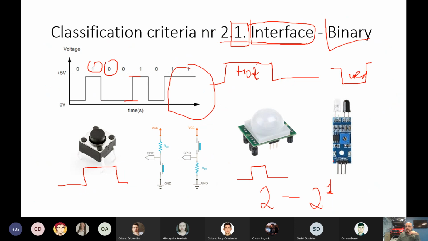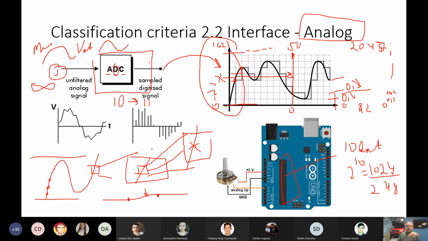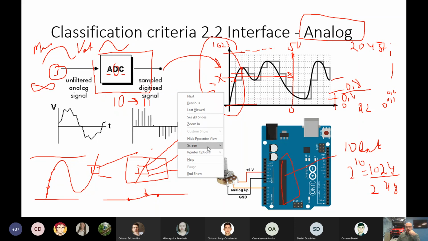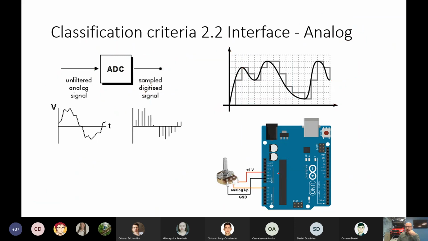The binary has the lowest resolution. So yes and no, true and false. And we have the infinite resolution, but it is limited by the method of gathering information. So in this case, we can have, let's say, a resolution of 10 bits, 11 bits, 12 bits, 16 bits, 32 bits, but not the endless.